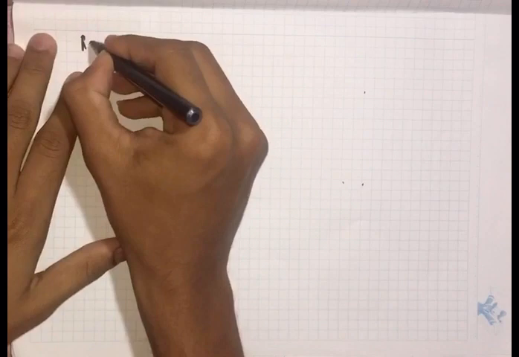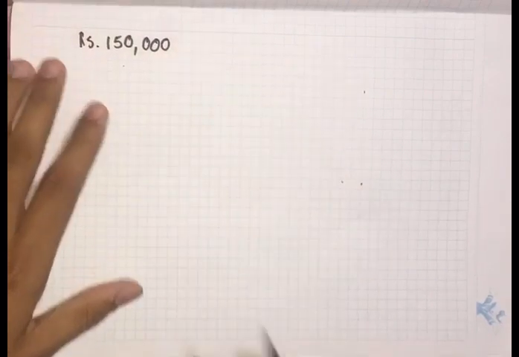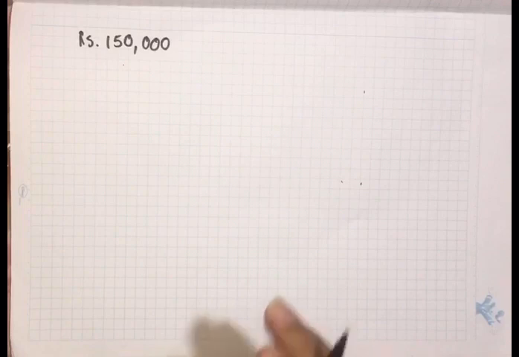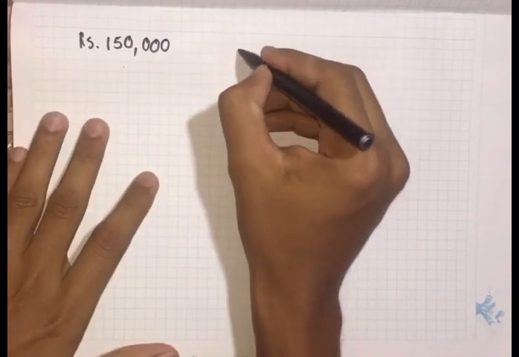Okay, we'll move on to a question. We'll take one of the questions from the book. Here it says a motorcycle priced at 150,000 for outright purchase can be bought by making a down payment of 30,000.